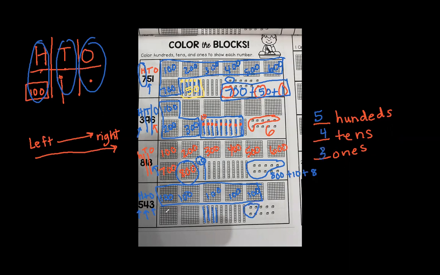To write this number in expanded form, I would write 500 plus the value of the tens place. 10, 20, 30, 40 plus 3. 500 plus 40 plus 3 equals 543.